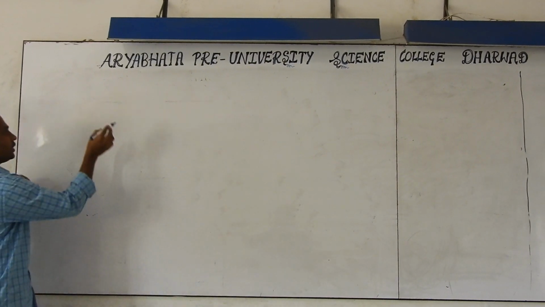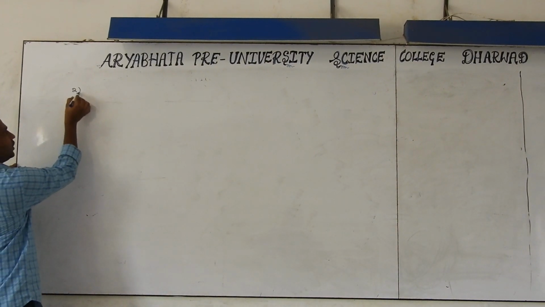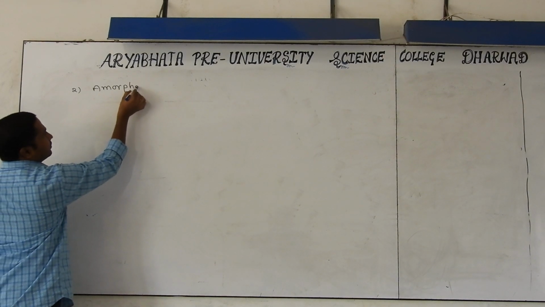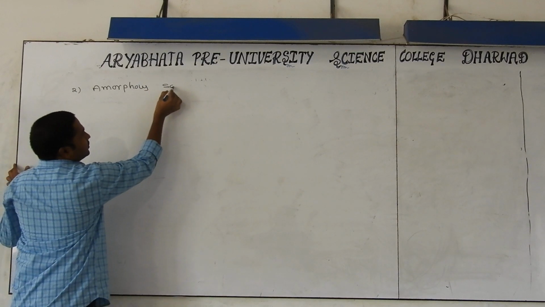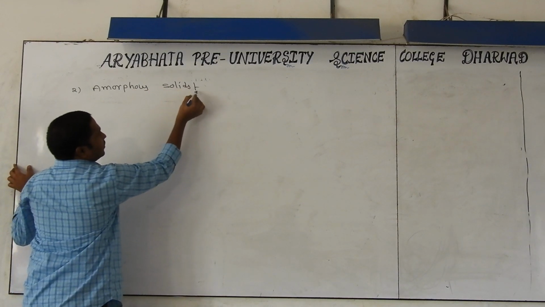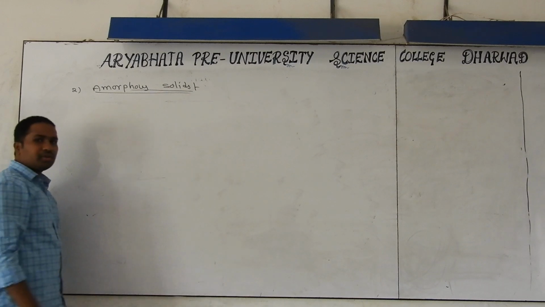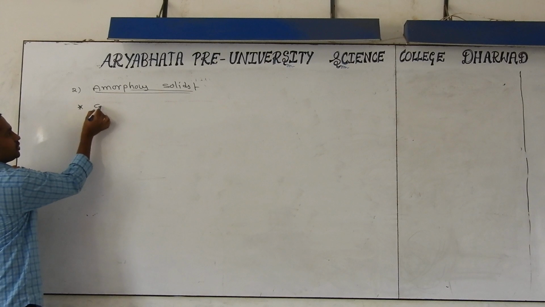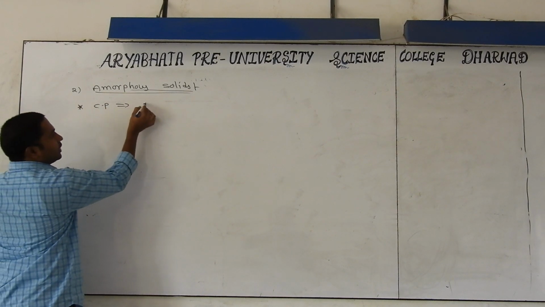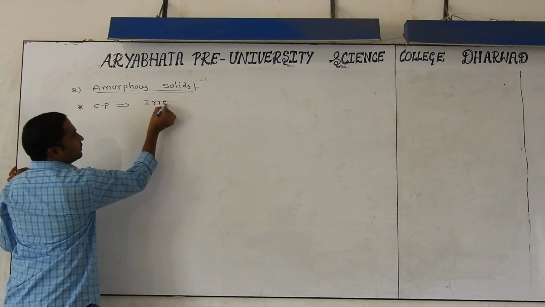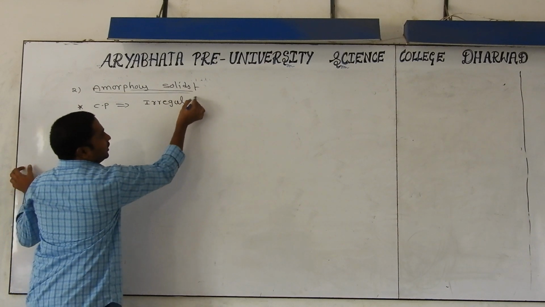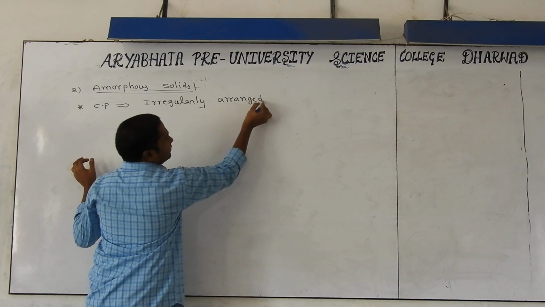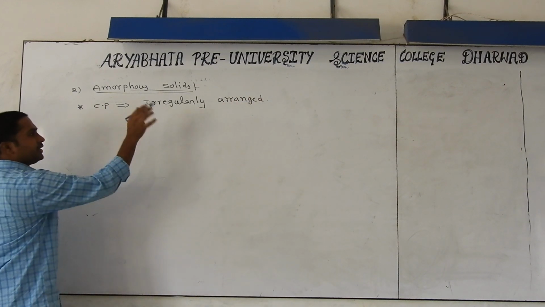We are discussing the second type of solids, which is amorphous solids. What is the meaning of amorphous solids? In these solids, the constituent particles are irregularly arranged in three dimensions.